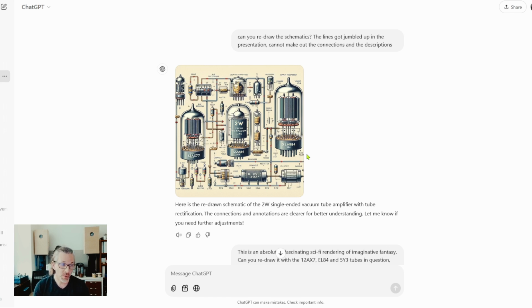So at this point, what AI gave us is a fun starting point, and yes, 12AX7, EL84, 5X3 with a 5K output transformer, cathode bias, and a 250 transformer for the power transformer is a good starting point to build for yourself an affordable, simple, single-ended amplifier running in triode mode.